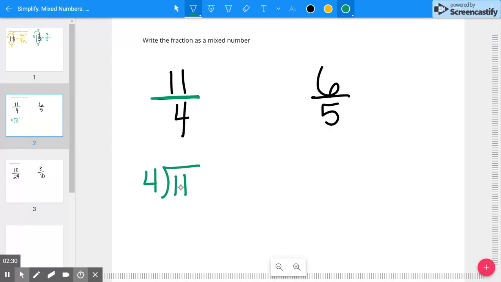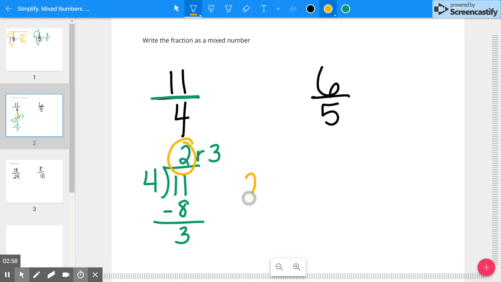I'm saying 4 times what number gets me close to 11? Well, 4 times 2. So my 2 is going to go above this 1, and then I multiply. 2 times 4 is 8. Subtract, and I get 3. I have nothing left to bring down. I can't divide it again, so this becomes my remainder. Now, when I write this as my mixed number, my whole number comes from the quotient.